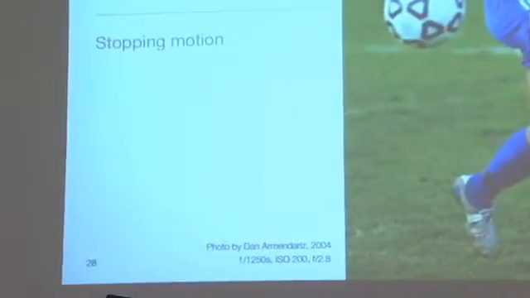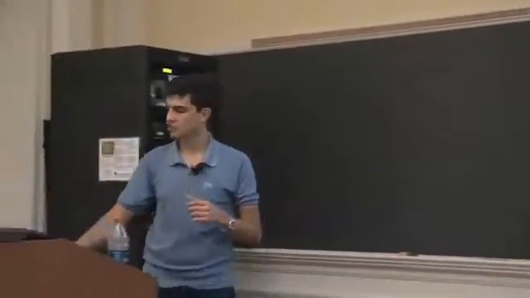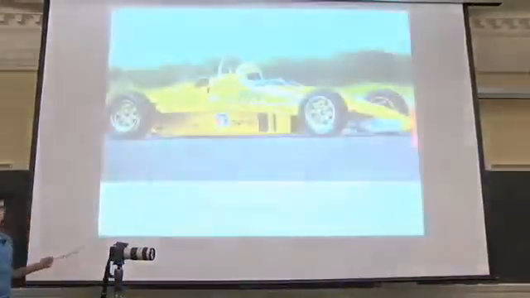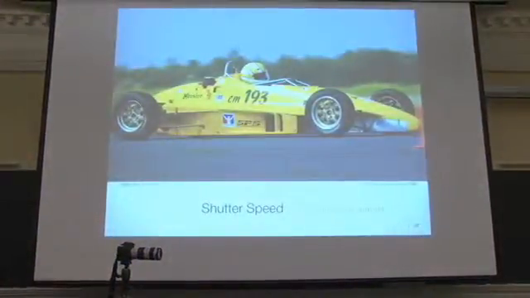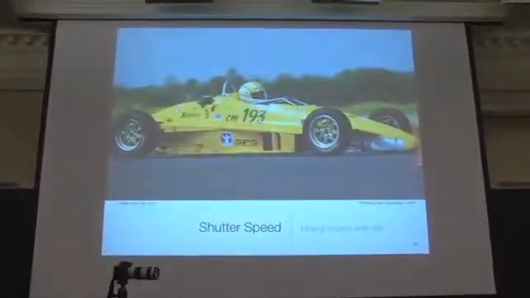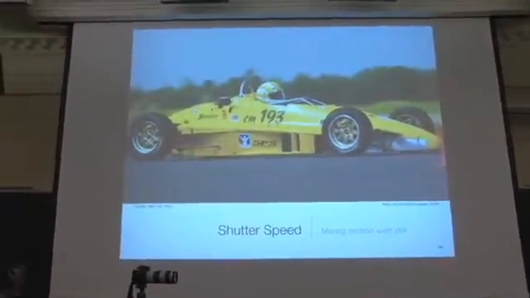However, there are some occasions, even in sports, where you don't want to freeze all of the action. Sometimes you want to do a mixture of both freezing the action of the important bits and giving the perception of motion elsewhere. And you can do this with a moderate length shutter speed and a very steady hand.